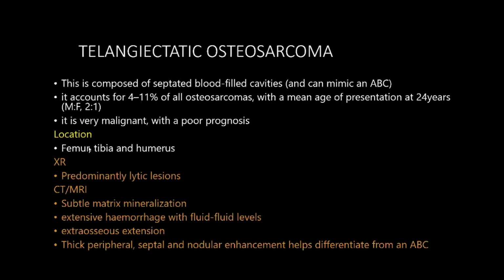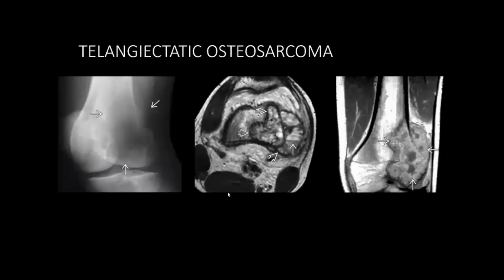Okay, this is one of the main differentials. The other thing in telangiectatic osteosarcoma, you will find thick enhancing nodular septations, which are not present in the aneurysmal bone cyst, which presents with smooth, thin, non-enhancing bony septations.